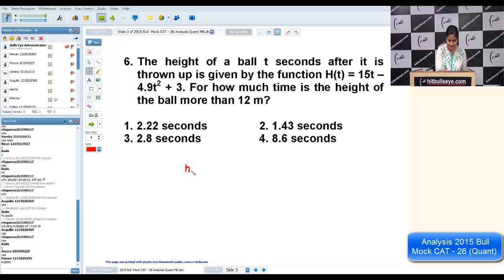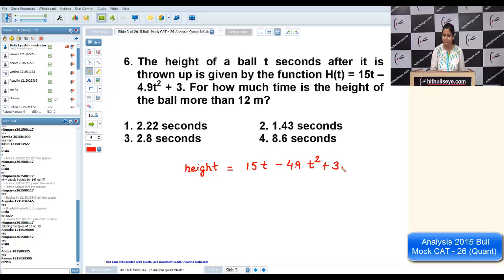The function given is 15t minus 4.9t squared plus 3. For how much time is the height of the ball more than 12 meters?